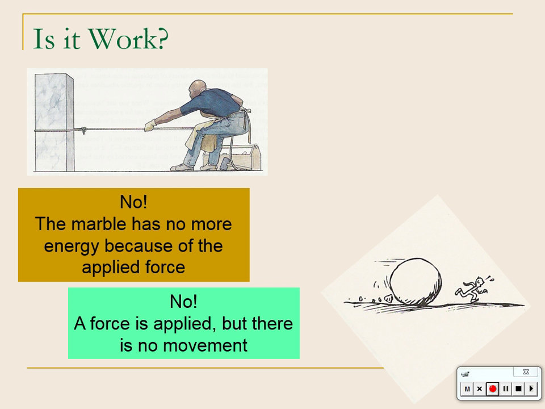Is work being done as the boulder is stopping? Yes. All right. What does work do? Work is being done because the force of friction is applied and friction changes motion. Okay, so there is a force being applied in this situation.